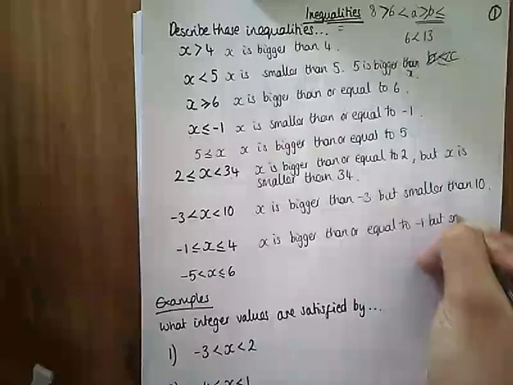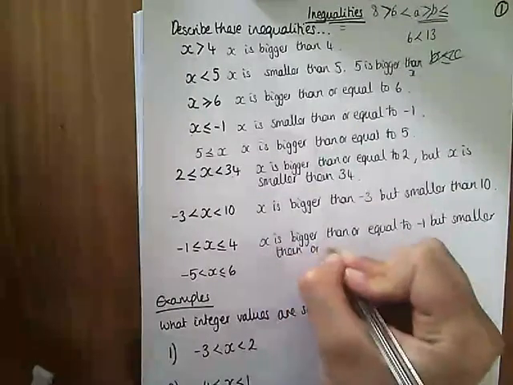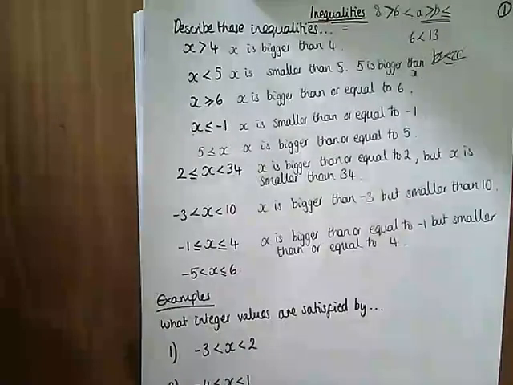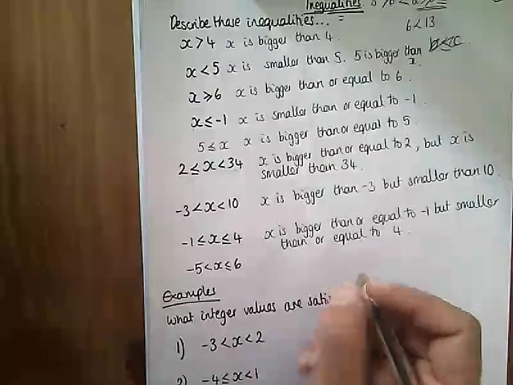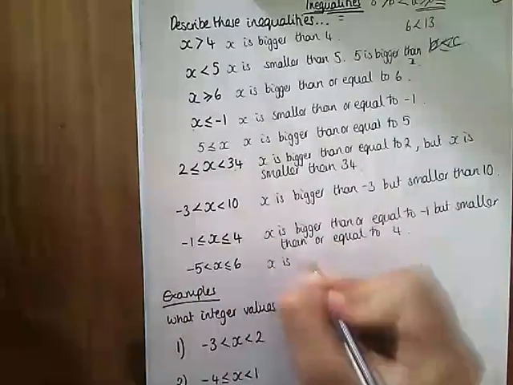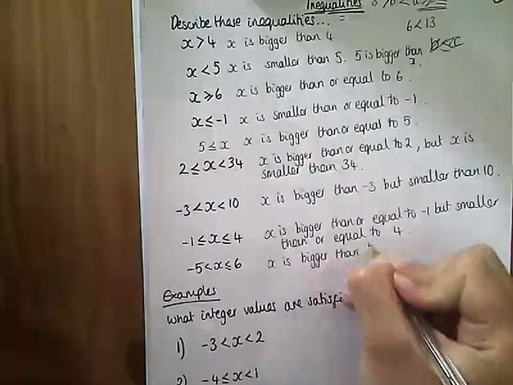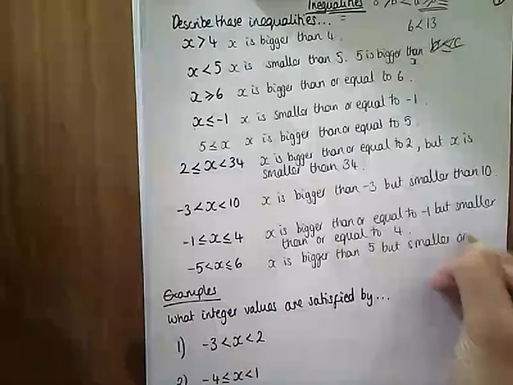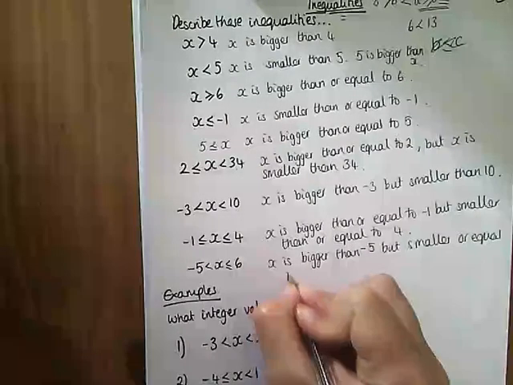Now you might want to just pause this and make sure that you're happy with what I've been talking about, and make sure you understand how these are working. I'll have given you a sheet hopefully, and that will help you, and you can practice on that. And this last one, so X is greater than -5, but smaller than or equal to 6.